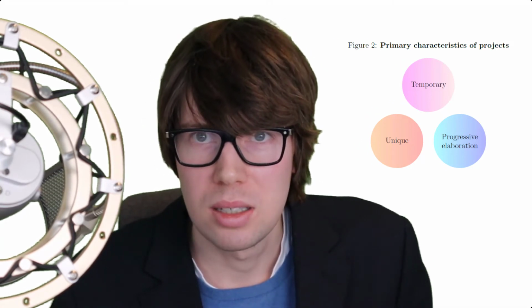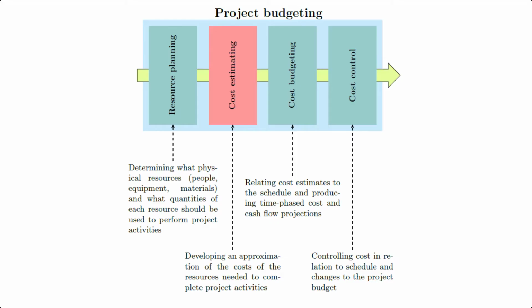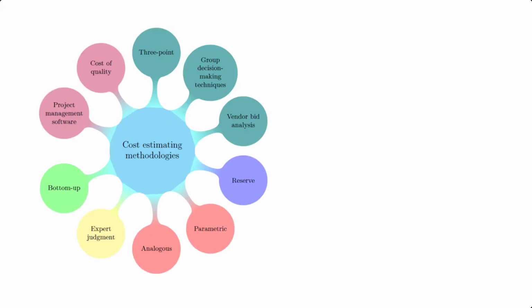So what methods am I going to apply to this silly project? I will be applying methods to get us through the first 3 phases of project budgeting. I will be applying methods to do resource planning, and methods to do cost estimation, and then methods to do cost budgeting, but I will leave out cost control for this example. And that is just the context for which I will be applying methods.